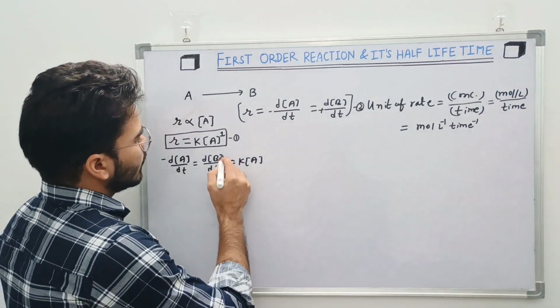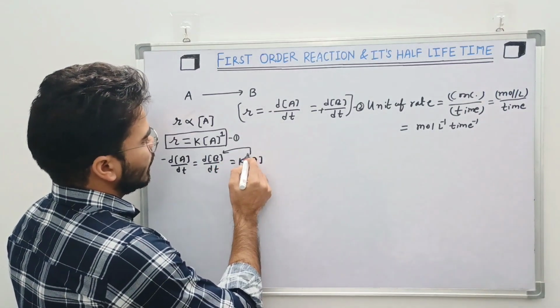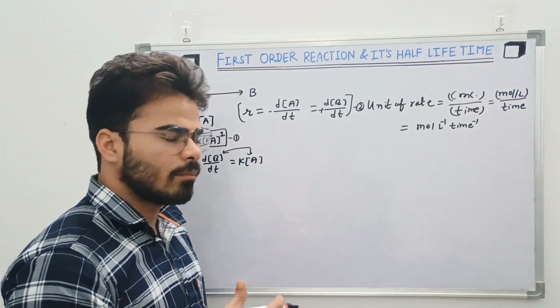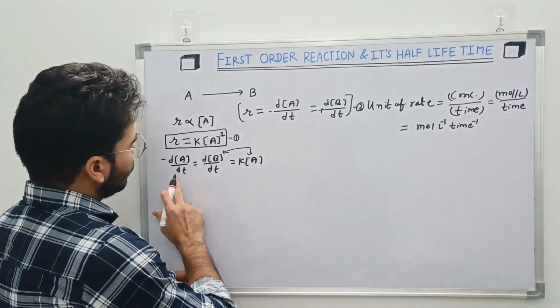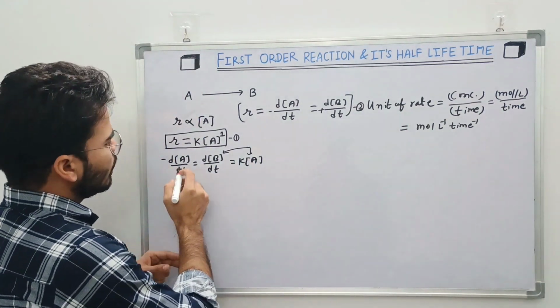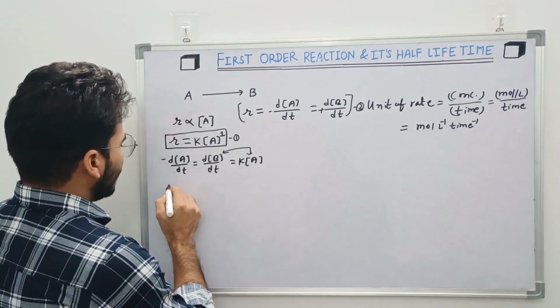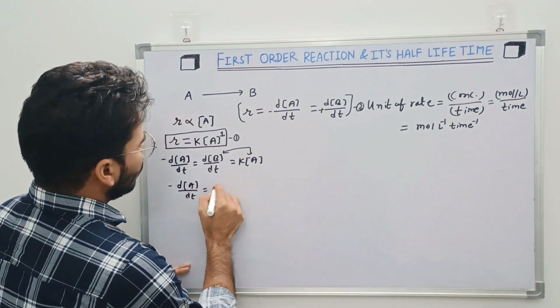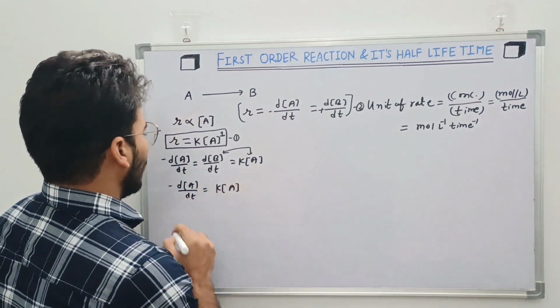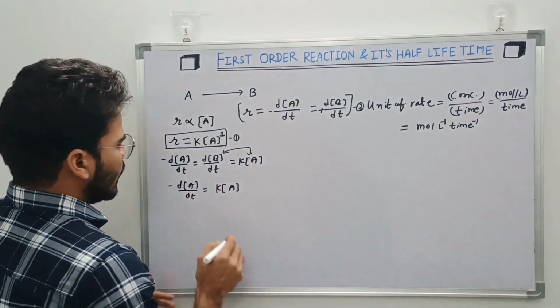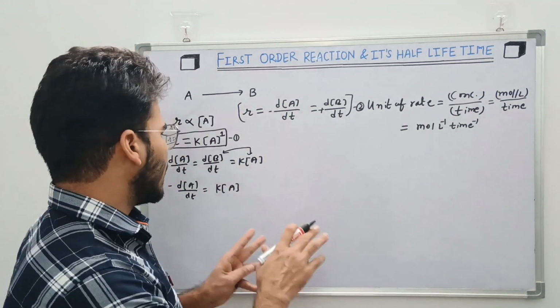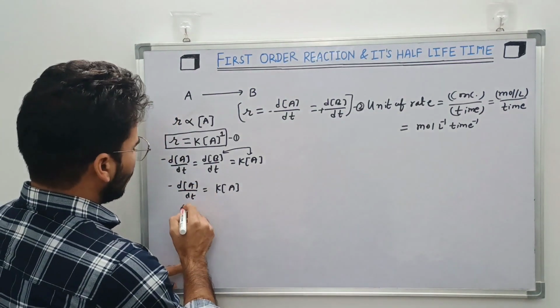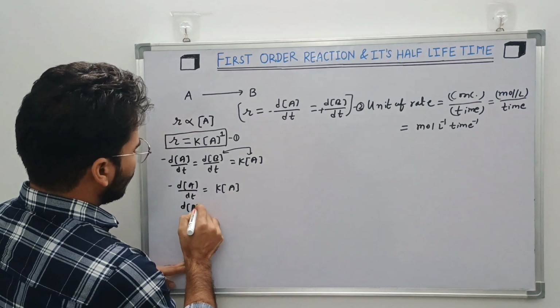You can see that dA and dB are two different variables, so we can't integrate them together. But here you can see that these are the same variable A, so we can integrate that and we can write minus dA upon dt is equal to kA.